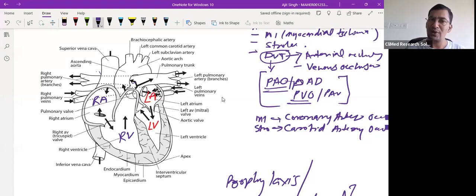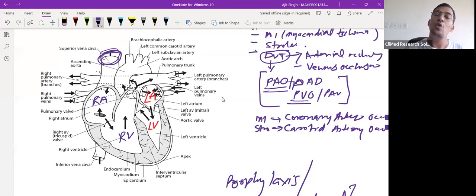So let me make it very clear for you how it goes. As you are seeing here, this is one of the largest vessels of our body, called the superior vena cava, or we can call it the biggest venous vessel.